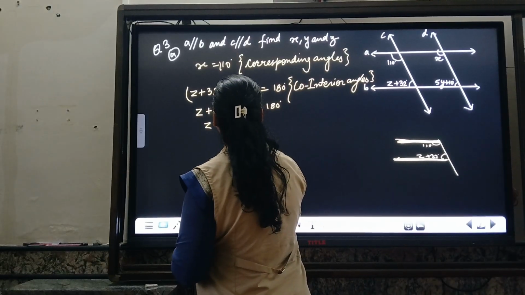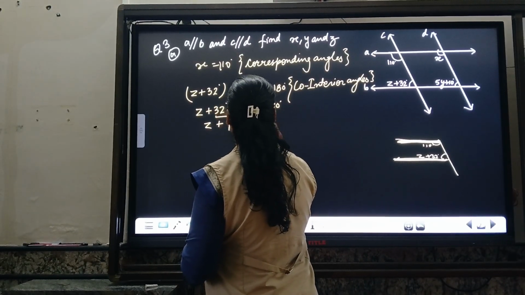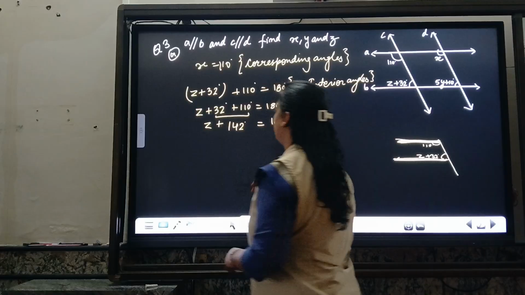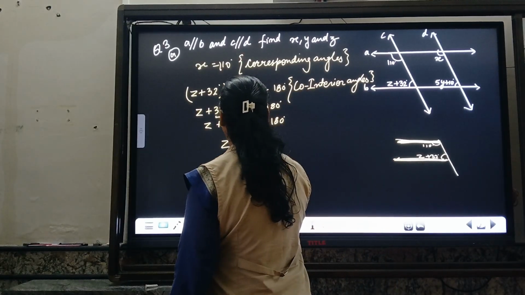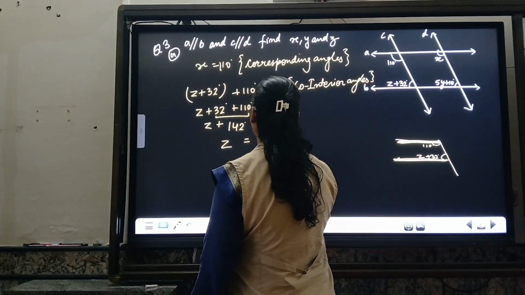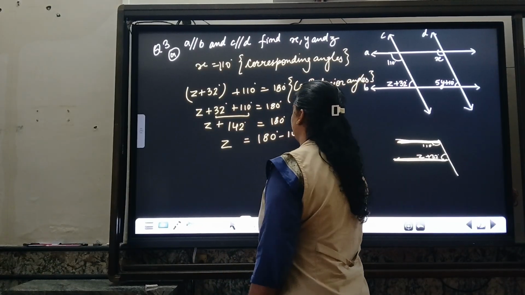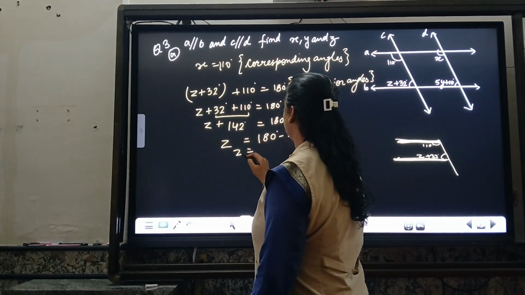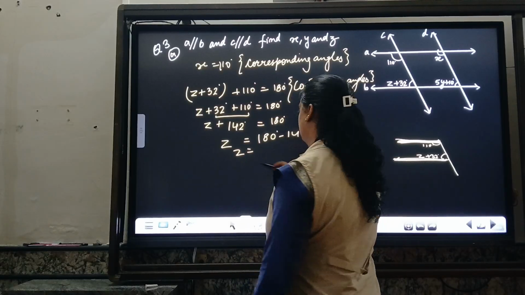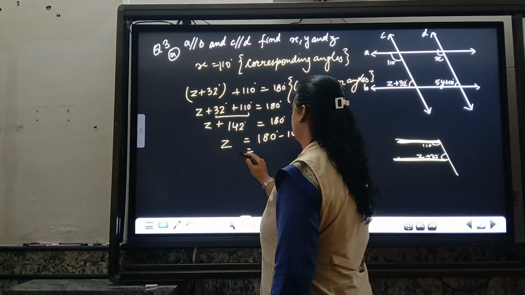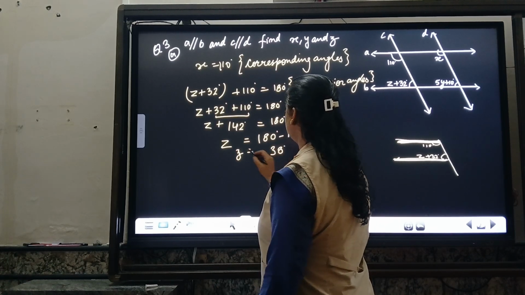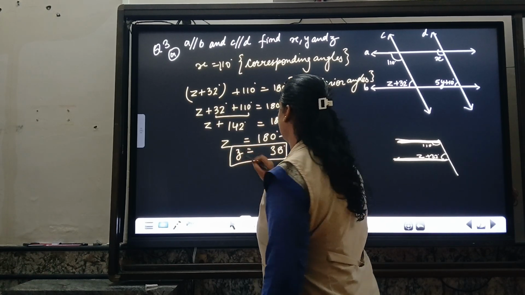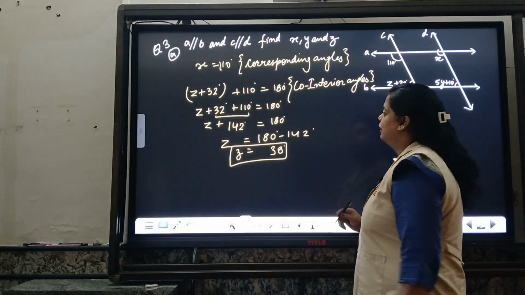So their addition will be 142 degree and 180 degree will be here. Now we are going to transfer this over there because we have to find the value of z, that is the missing value: 180 degree minus 142 degree. Now what will be the subtraction over there? z is equal to 38 degree. What is the value of z? Angle z is equal to 38 degree.